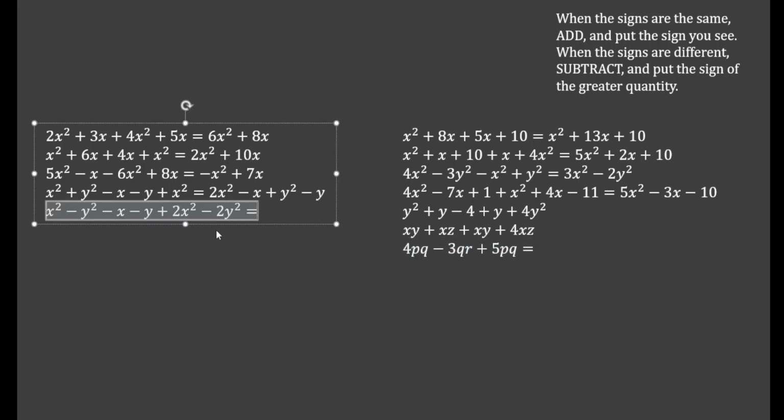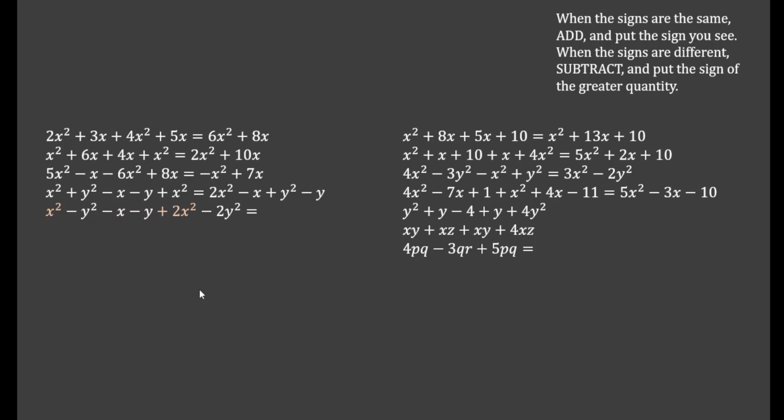Right. So we're looking at our like terms, which are our x squared terms. We have two x squared terms, so we combine them. I'll use my highlighting on this one and this one.